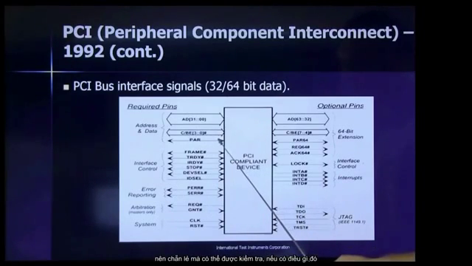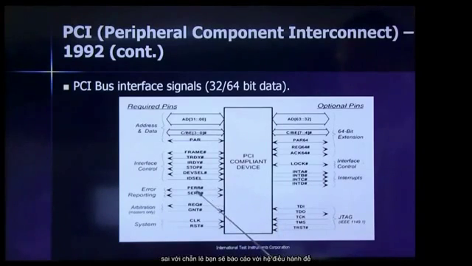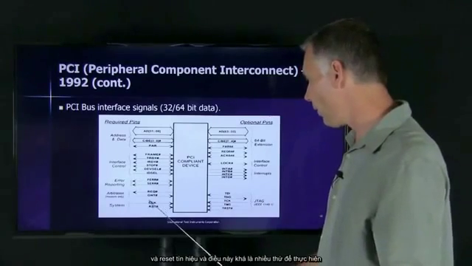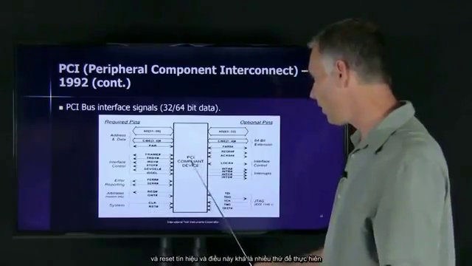If there's something wrong with the parity, you would report that to the operating system or the other side, rather, depending on who's reading and writing, using the parity error signal. If there's something else wrong, critically wrong, you can assert the system error signal, in which case the system would basically bug check and lock up, if not handled in any other way. You have request grant for bus mastering. You have clock and reset signals. And this is pretty much everything needed to implement a PCI compliant device.